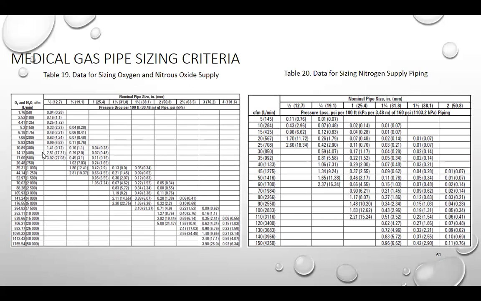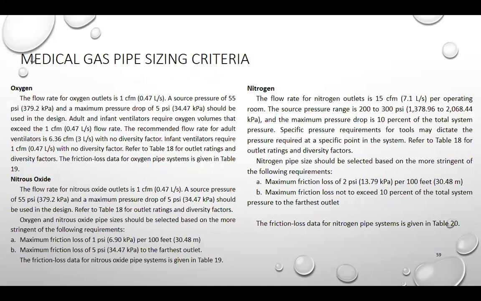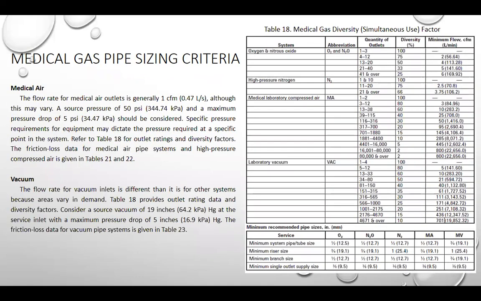Okay? So since dito sa oxygen, hindi ka pwedeng lumampas ng 1. So nandito ka lang. Diba? 0.99. Dito naman is 0.45. So pwede ka mag-interpolate. May 1.0 dyan. Okay? So data for sizing nitrogen supply piping, and then nitrogen, ang require niya is 2. Yan. Maximum of 2.